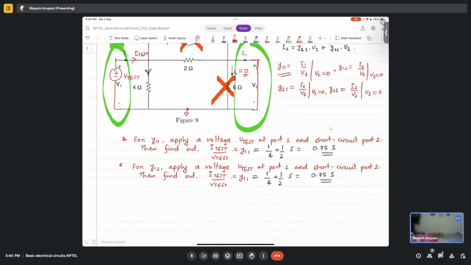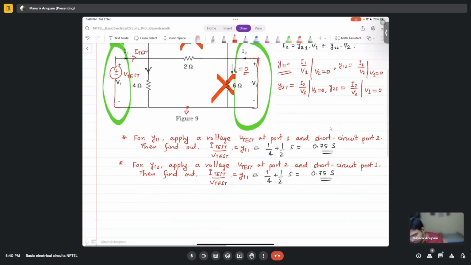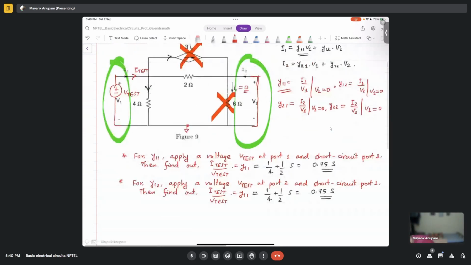Is it? Or should we do the other thing? Yes, sir. Port 1 should be shorted. So port 1 has to be short circuited here, right? Okay, sir.